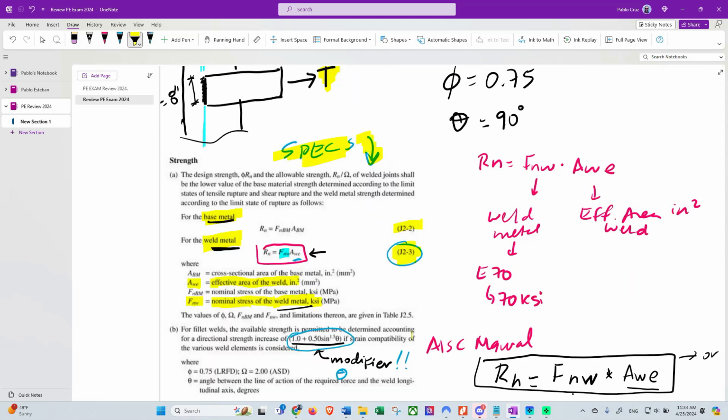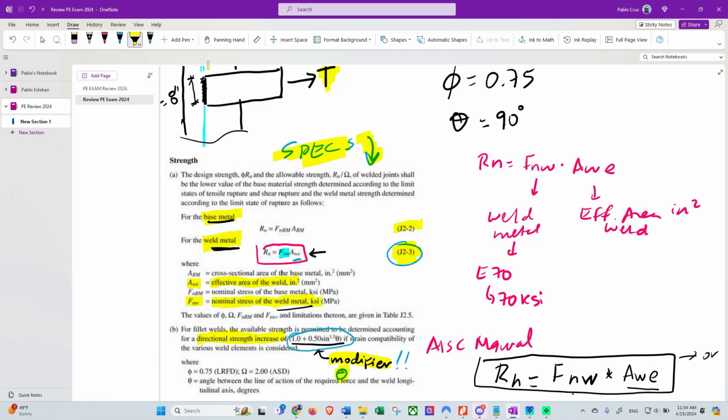There's a modifier here. This modifier depends on the value of theta. So we have a theta value here. And what is this modifier talking about? When is it applied? It says for fillet welds, the available strength is permitted to be determined accounting for a directional strength increase.